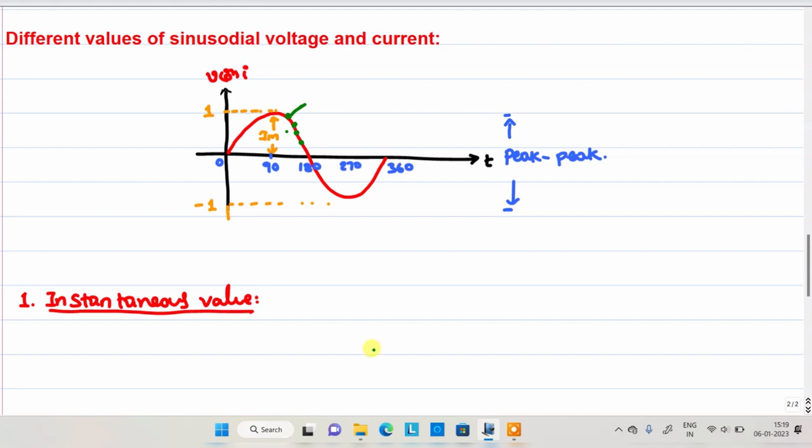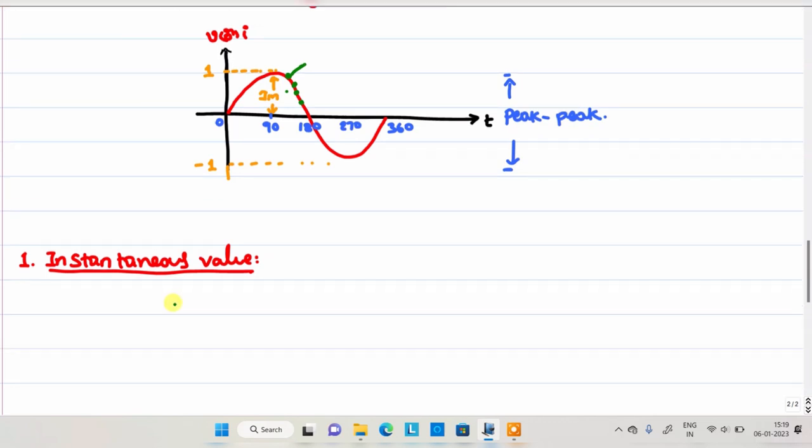In that particular case, the waveform is, for example, I is equal to Im sin theta. I want the value of the waveform at 90 degrees. I maximum is equal to 1.